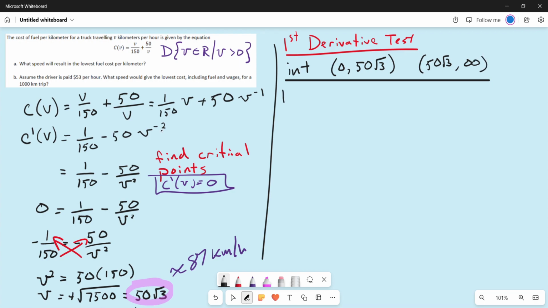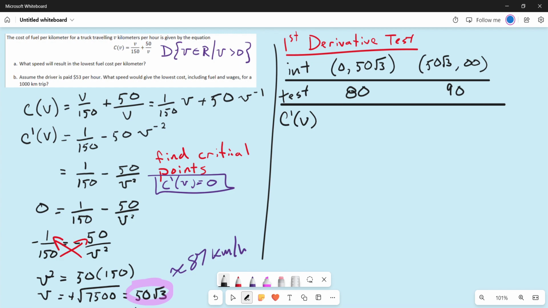We're going to want to pick a test value. So we know that's 87 or so, so let's just pick 80 and 90, one below and one above. We're going to take that and plug it into our derivative, and all we care about here is whether it's positive or negative.